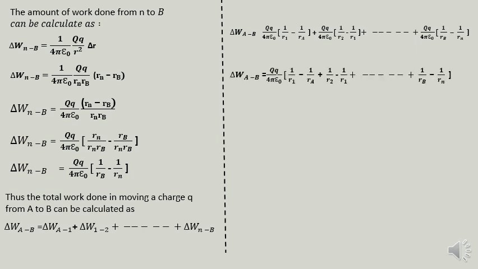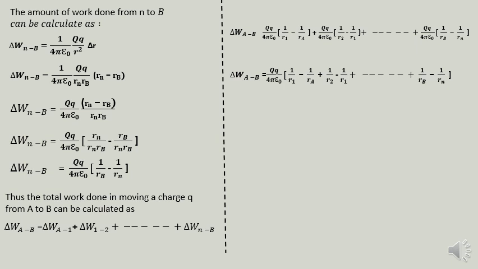Now delta W is equal to Qq upon 4 pi epsilon naught 1 over R1 minus 1 over RA plus 1 over R2 minus 1 over R1 plus up to 1 over RB minus 1 over Rn.